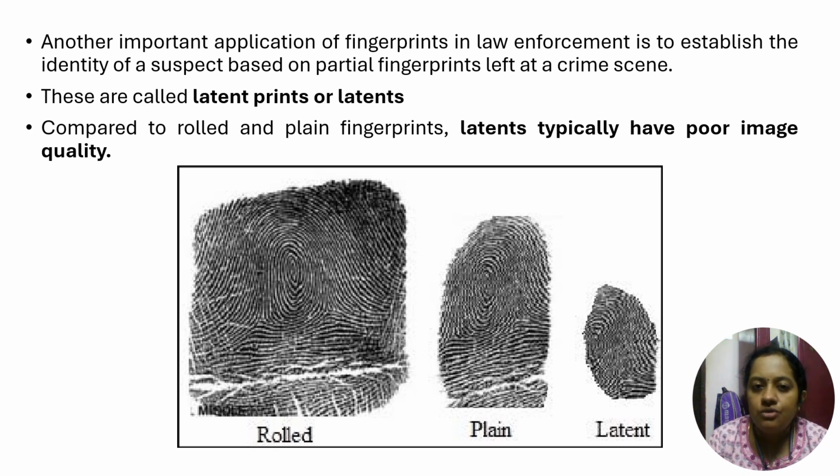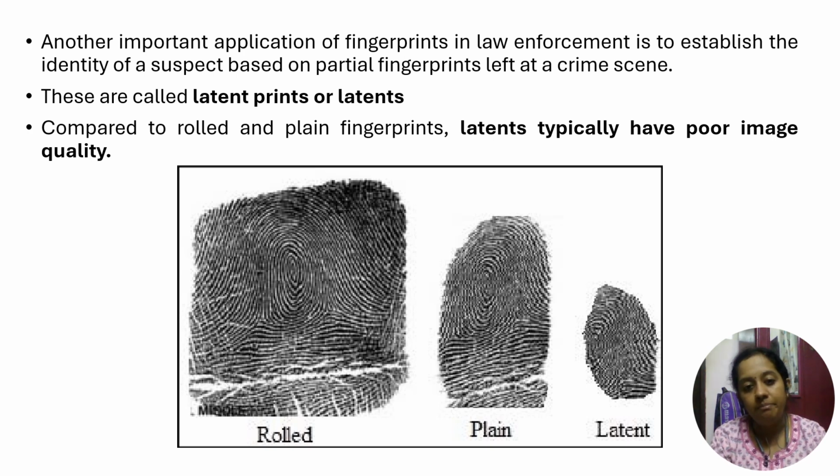Another important application of fingerprints in law enforcement is that it establishes the identity of a suspect or a criminal based on even partial fingerprints, which are called latents. Over here I have given three different pictures. One is a rolled fingerprint, where you roll the finger, and second is just a plain fingerprint. Third is a latent, just a partial fingerprint with poor image quality, where not much detail is given when compared to rolled as well as plain.